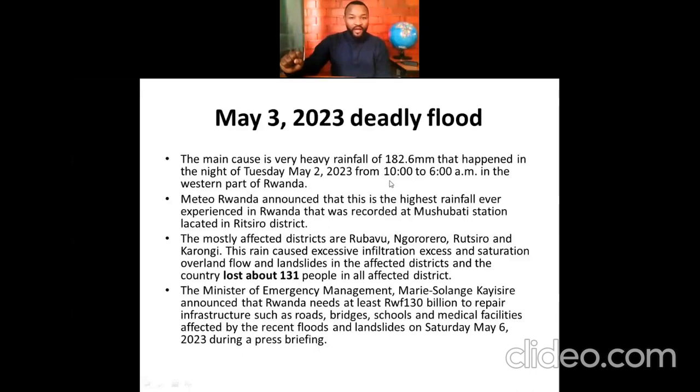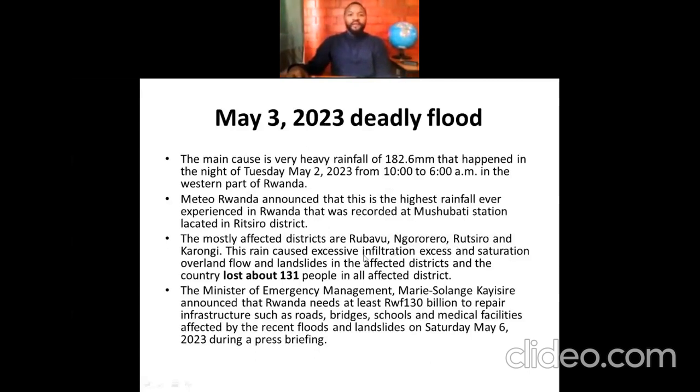And Meteo Rwanda announced that this is the highest rainfall that Rwanda has ever experienced ever since Meteo has started to record weather information, and it has been recorded in Mushubati station. The mostly affected areas or districts are Rubavu, Ngororero, Rutsiro, and Karongi.